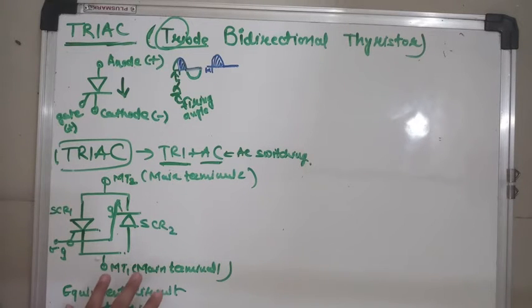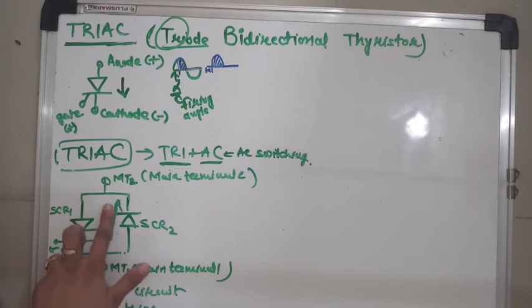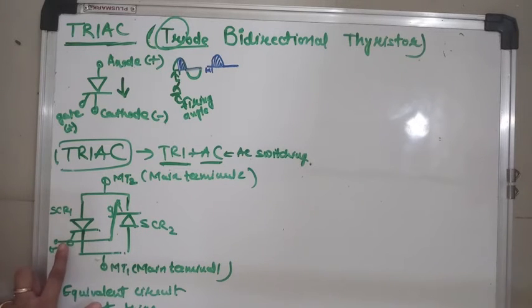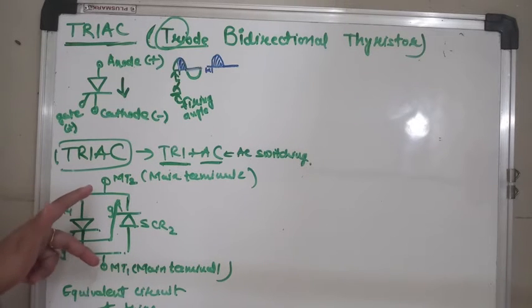In the equivalent circuit of a triac, two SCRs are connected anti-parallel and the gates of both are connected together, making one terminal labeled as the gate. The gate acts as the control terminal, and the other two terminals are labeled main terminal 1 and main terminal 2. So what is the benefit of connecting two SCRs in anti-parallel?